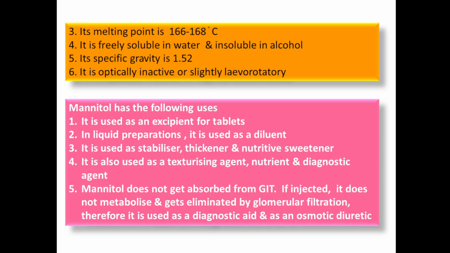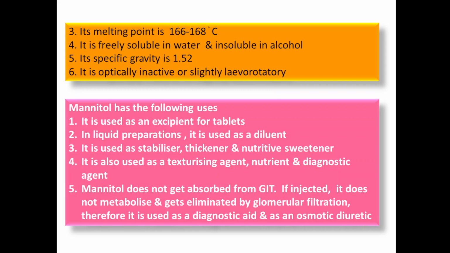Mannitol has the following uses. It is used as an excipient for tablets. It is also used in liquid preparations. It is also used as a diluent, stabilizer, thickener, and nutritive sweetener. So it has nutritive value. It is also used as a texturizing agent, nutrient, and diagnostic agent.